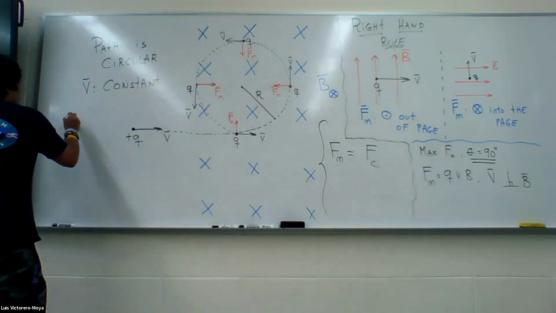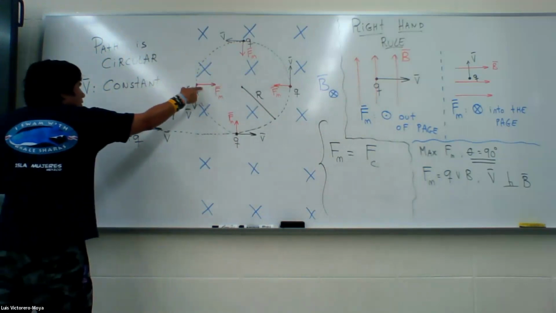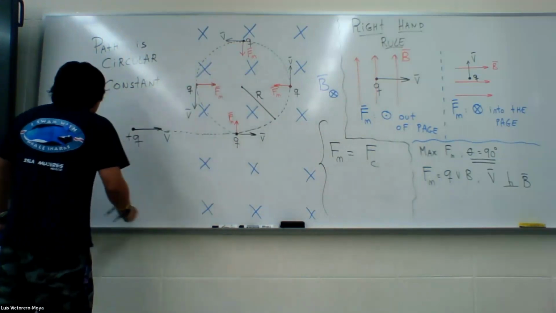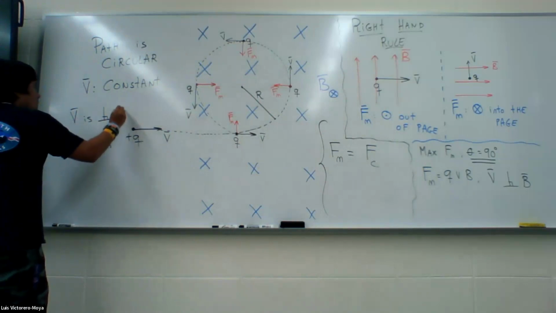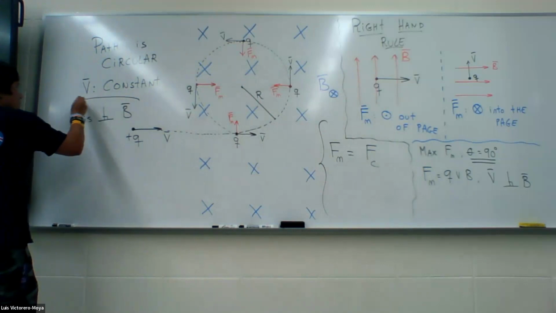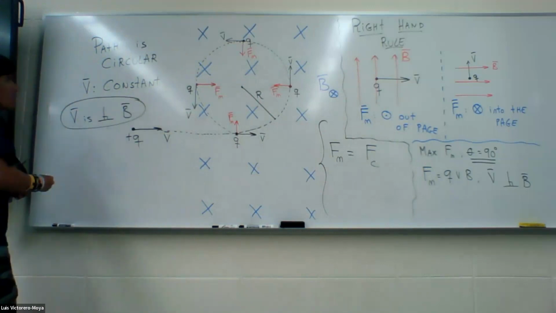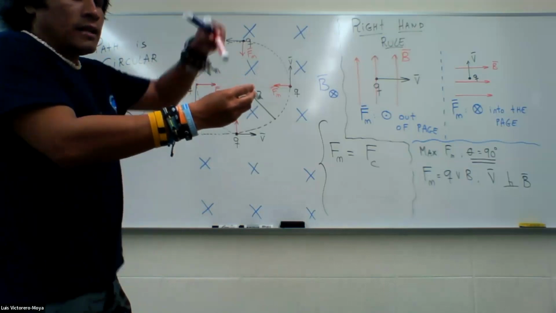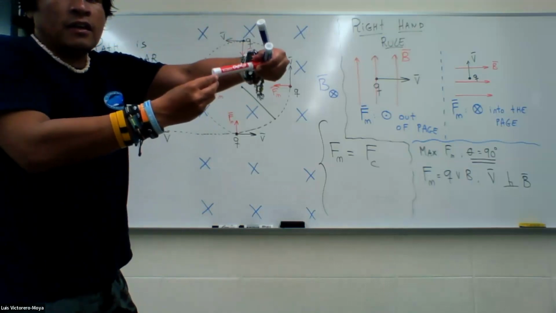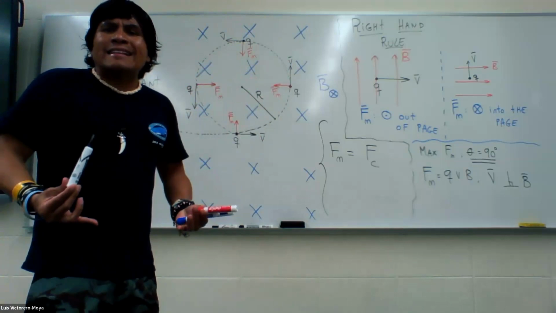The velocity, in this case, in every instant, is perpendicular to the field. Always. The field is going into the page, and the velocity is like this, like this, like this. So it's always making 90 degrees.